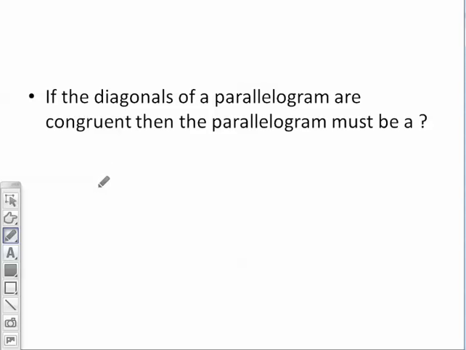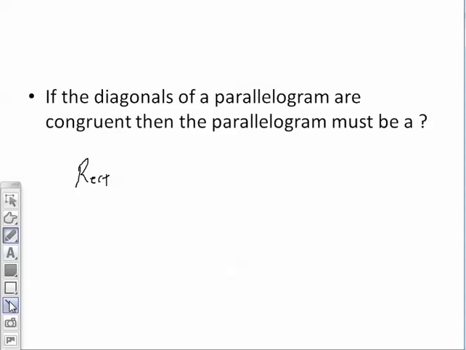So we have to go deeper from that, because one of the specifics of a rectangle was that the diagonals were congruent to each other. And one of the specifics of a, let's see here, the rhombus does not have equal diagonals.